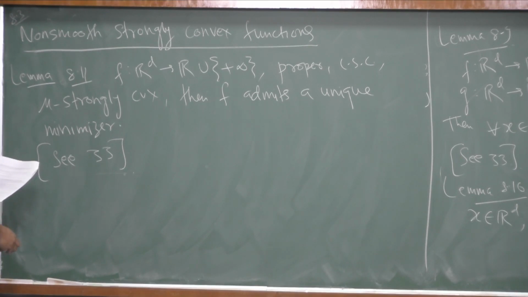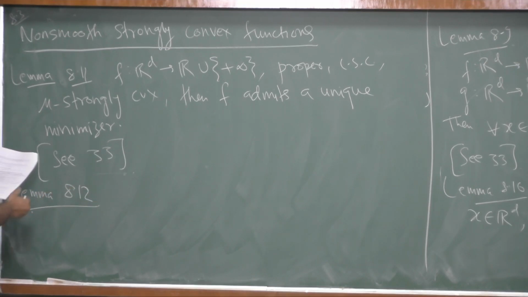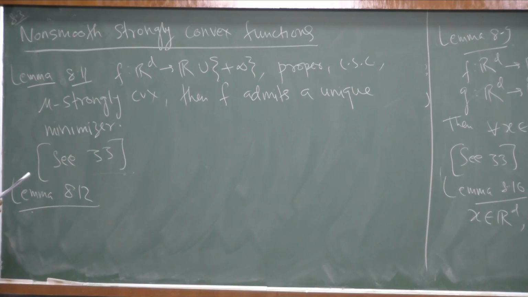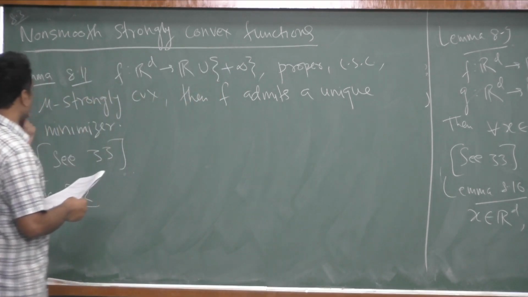Then we go to Lemma 8.12, and here we will see the consequence of LSC and mu strongly convex.